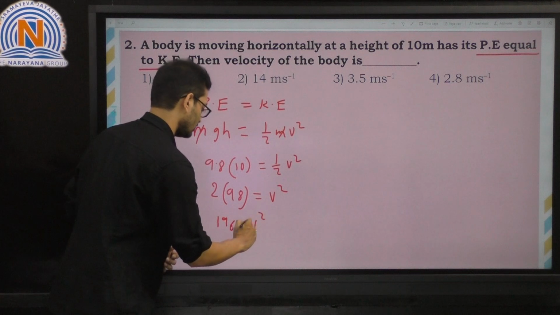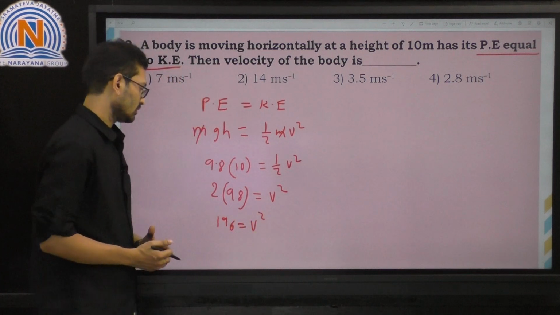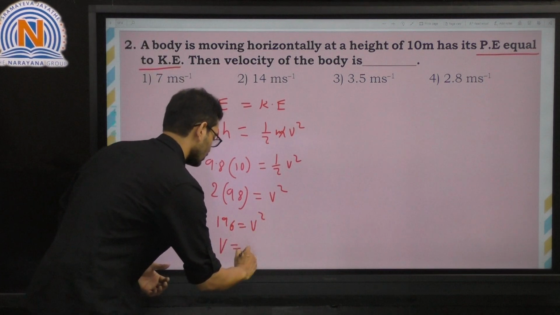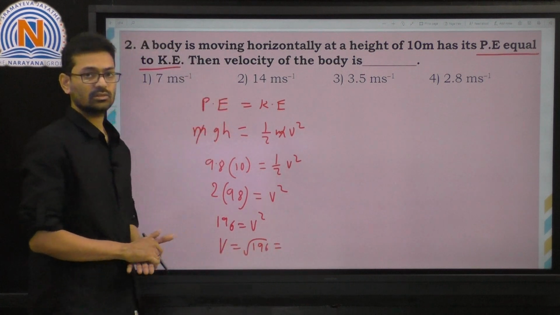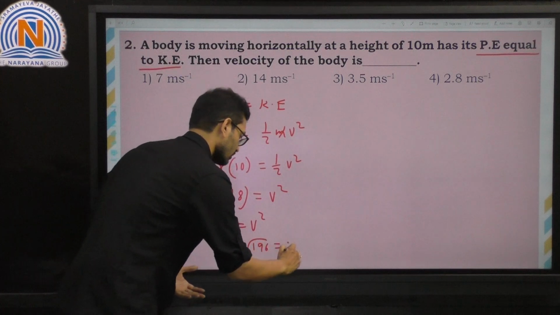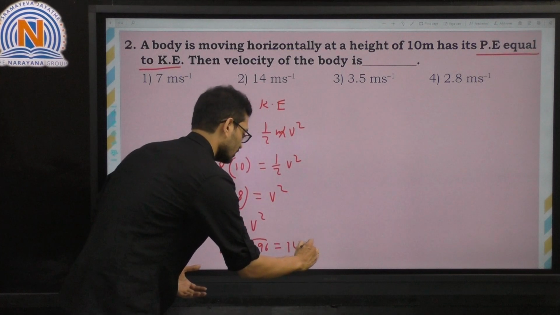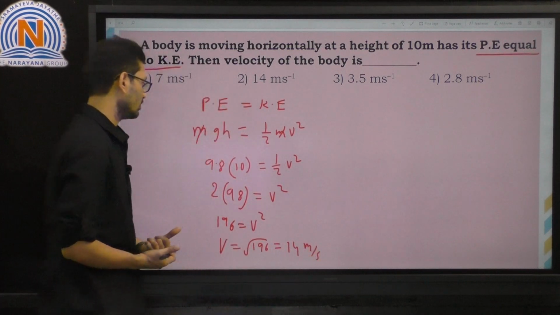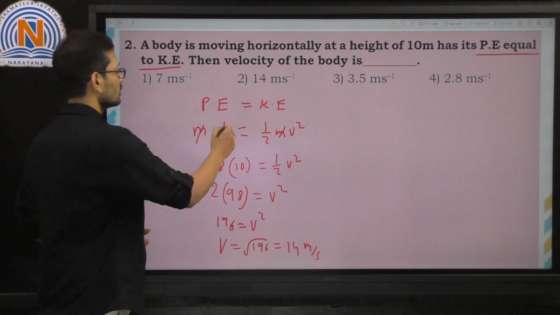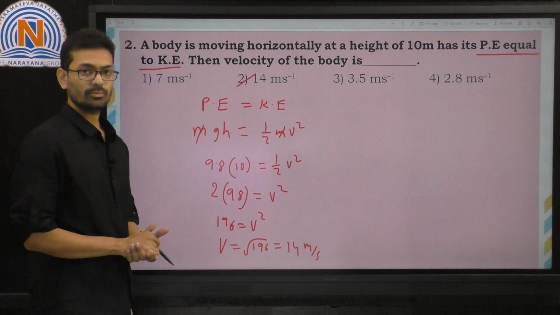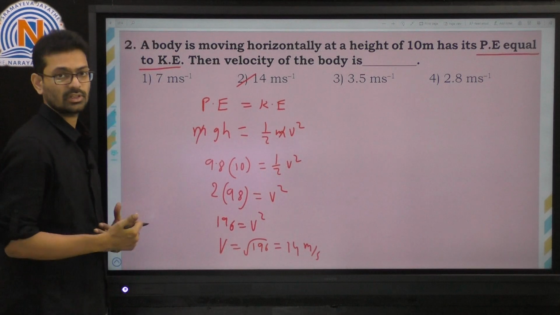V square is equal to 196. So v is equal to root 196, and root 196 is 14 meters per second. So your velocity is 14 meters per second, which is option number 2. Hope this is helpful for you. Let us go for the next question.